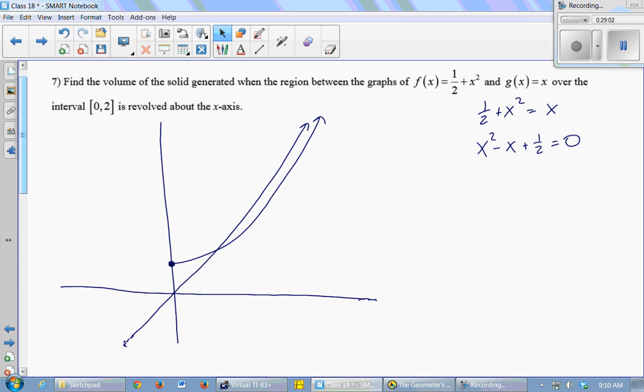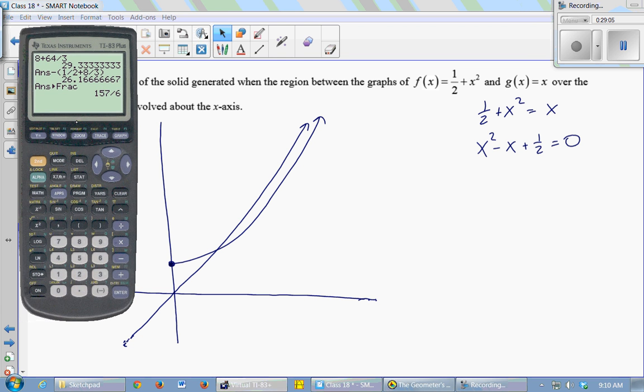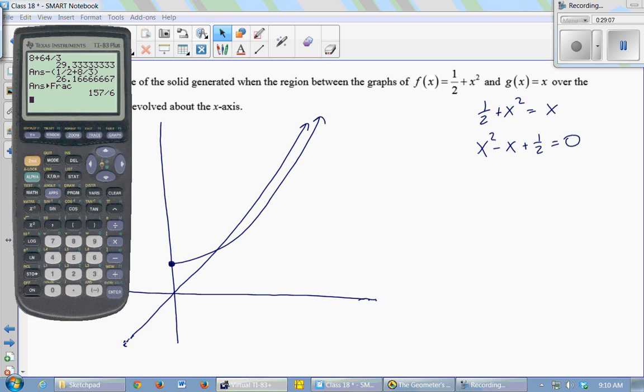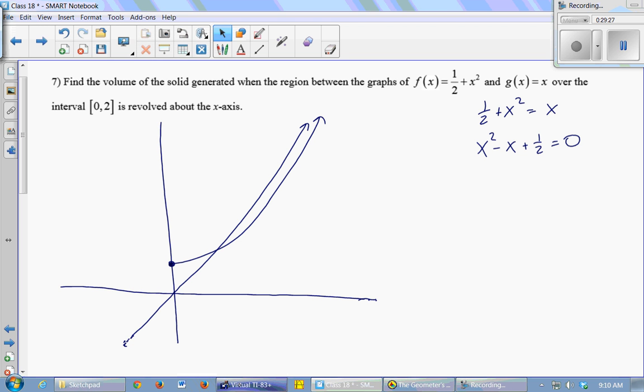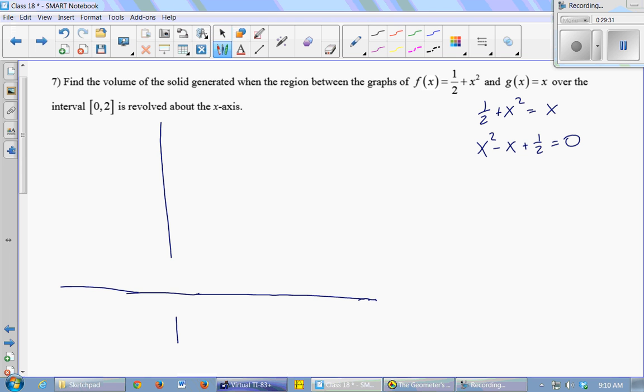I'll just have my calculator tell me where they cross instead of using the quadratic formula: negative b plus square root of b squared minus 4 times a times c. They don't cross. Okay, I drew it wrong. That goes like that, and that goes like that. There we go.